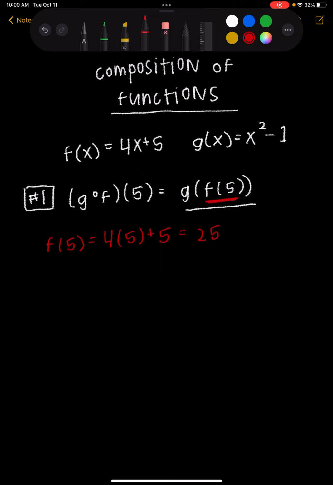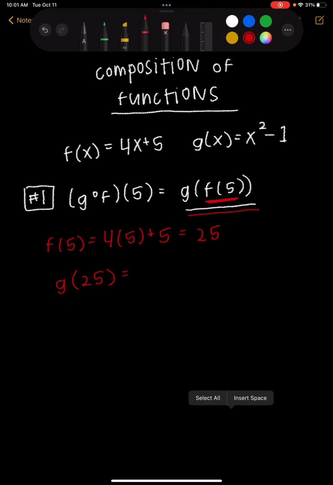So I can rewrite this equation as, instead of g of f of 5, g of 25, because I know f of 5 is 25. Now it looks pretty simple, because I'm going to take the 25 and plug it into my g equation.